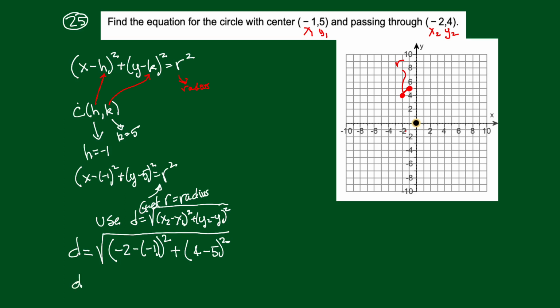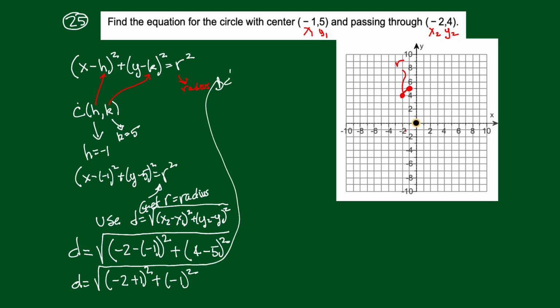Now let's simplify. d is equal to the square root of, what do I get here? Negative 2 minus negative 1 is negative 1, squared, plus 4 minus 5 is negative 1, squared. Negative 1 squared is 1.